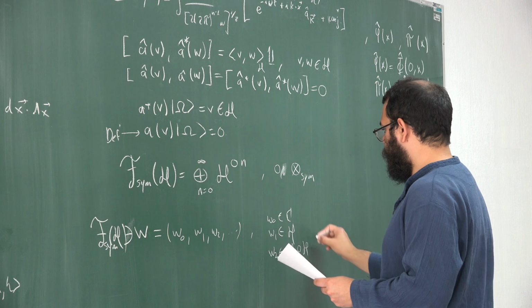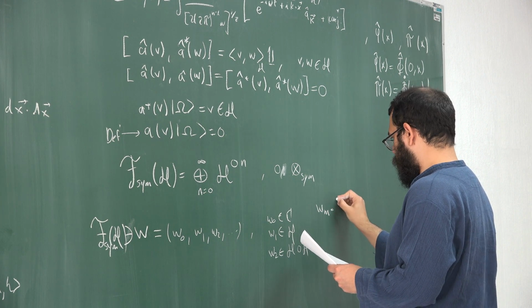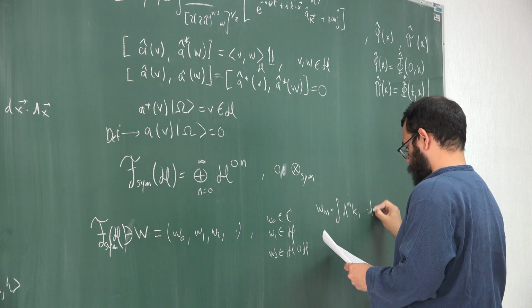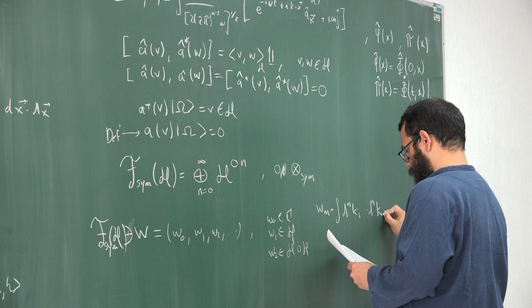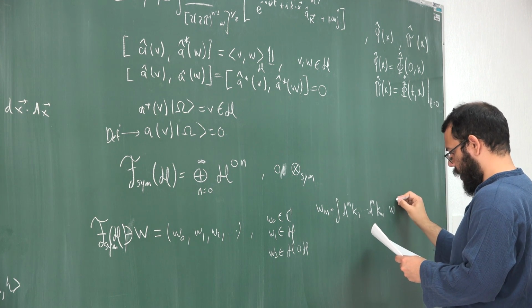And typically, a Wm will look like this. If you expand it, it's going to have some coefficient here.